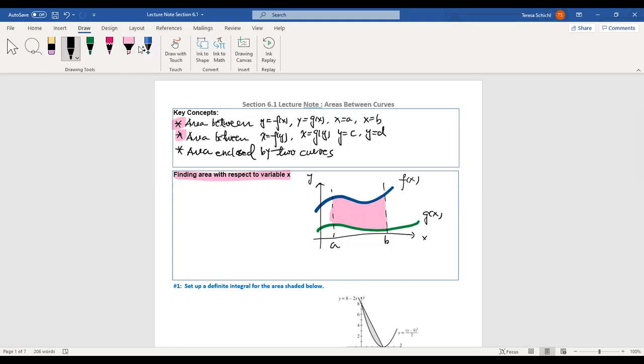So for these functions, all the y is going to be between these two functions, g of x and f of x. Now I know my x boundary is from a to b. Then that's the area we're trying to find.